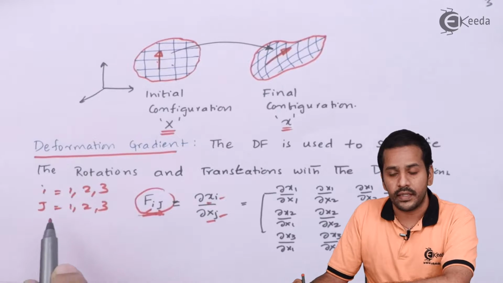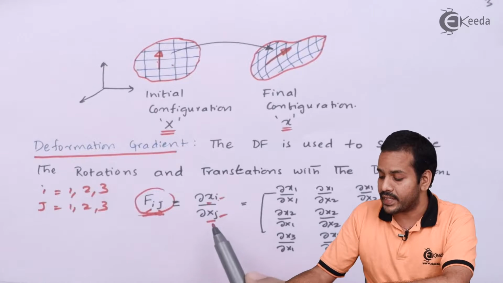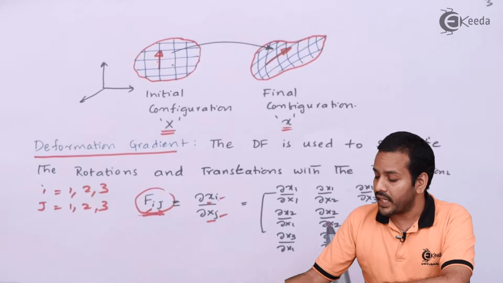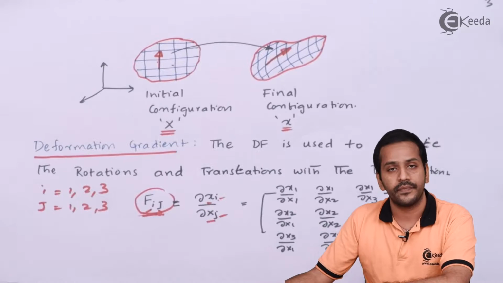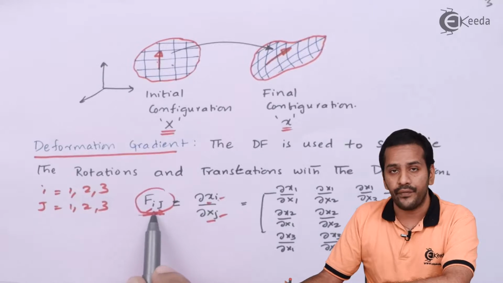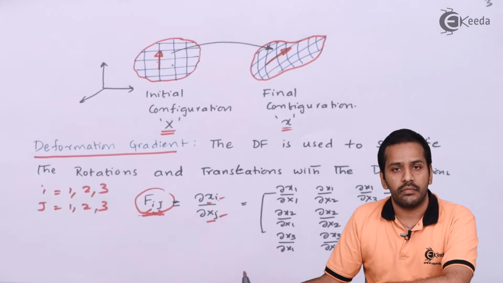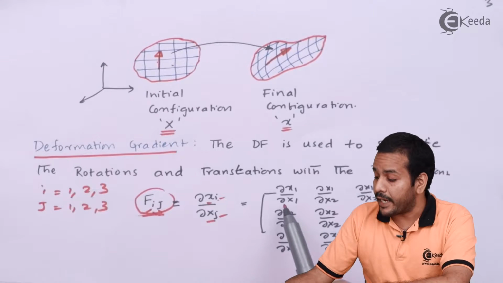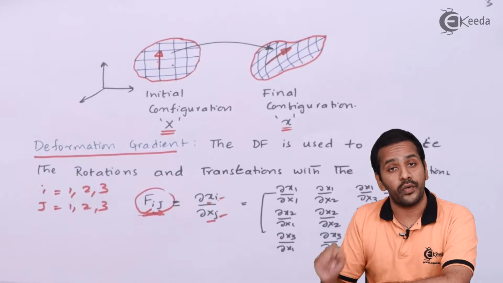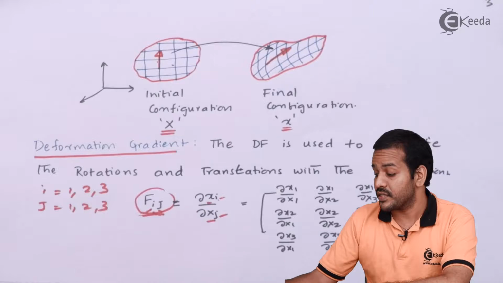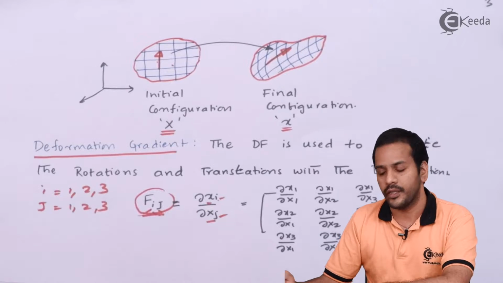Based on this, if you differentiate small x with respect to capital X, we will get 9 individual components. So the total components in F are 9, and all the deformation, including stretches as well as rotations, is completely captured by these 9 components.